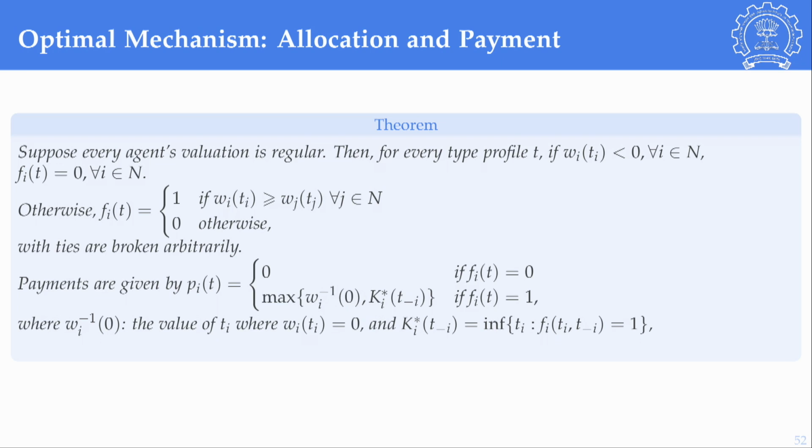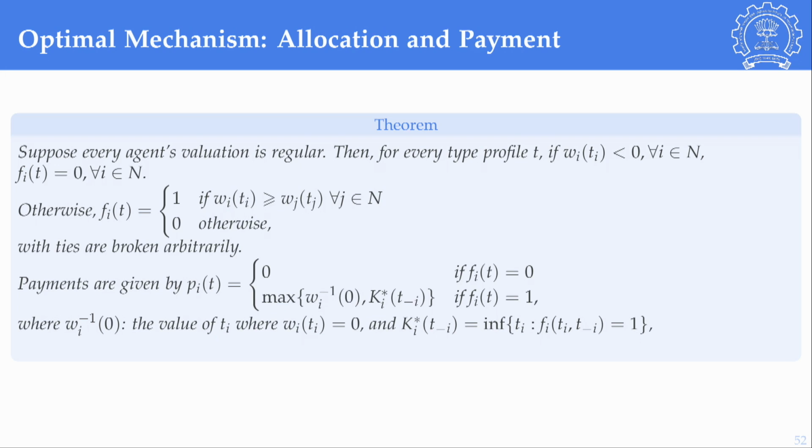So, in a way the whole optimal mechanism for selling one single item to multiple agents is that you allocate the item to the agent who has the highest virtual valuation, assuming that there exists at least one such agent, and the payment is a second price auction with a reserve price.